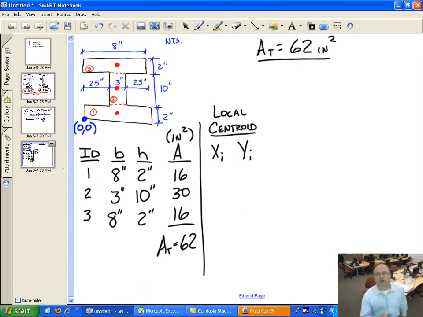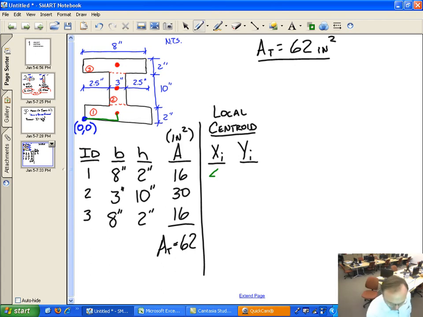Where's the local centroid geometrically relative to 0, 0? Where is that local centroid of that piece located? Well, we know that, for one, it's going to be 4 over and 1 up, because we're going to the center of that rectangle.